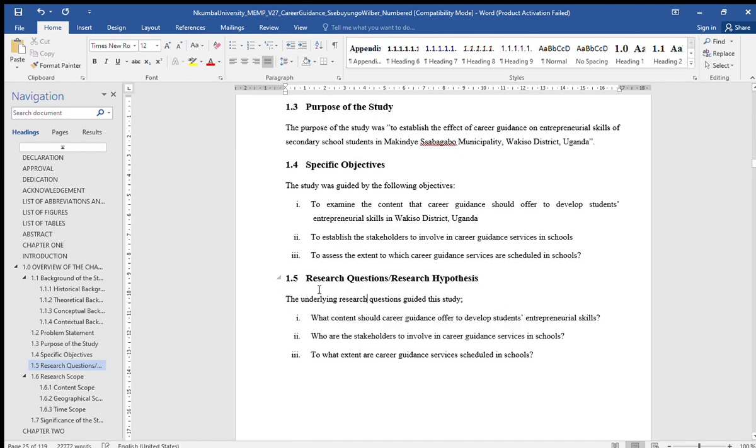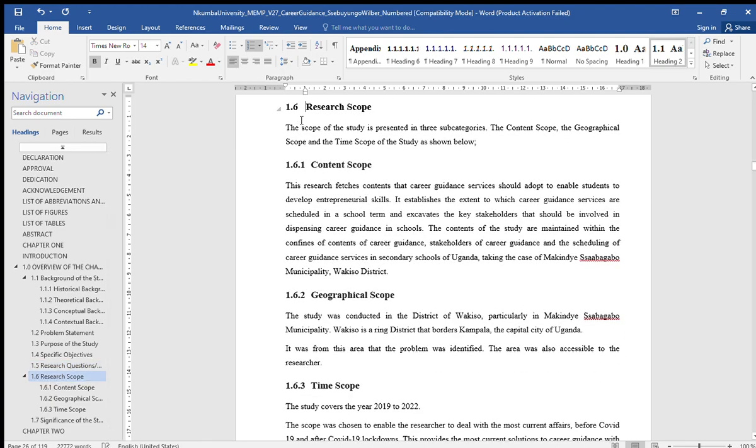After 1.5 research questions, we use the word research questions to mean that your research is either mixed research or it is qualitative. But those who are conducting quantitative research, they instead set what we call research hypothesis. So that is 1.5.